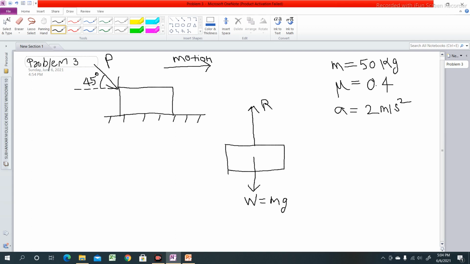From the diagram which we have drawn, by reading the wording of the problem, there is a push force P acting at an angle of 45 degree with respect to the horizontal. Just draw that push force P. This is that push force P making an angle of 45 degree. That means this push force P will have two components, and those two components are P cos 45 along horizontal direction and P sin 45 along vertical direction.